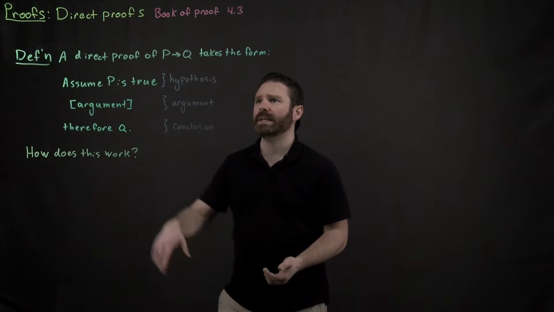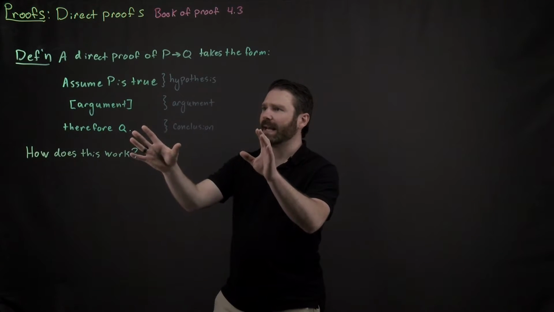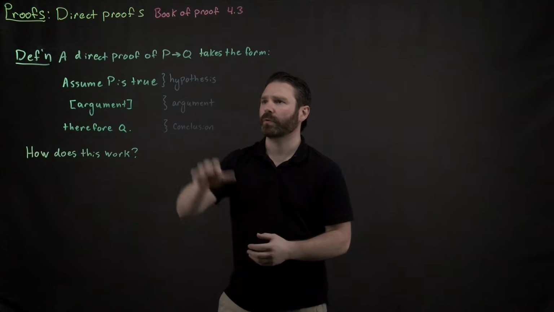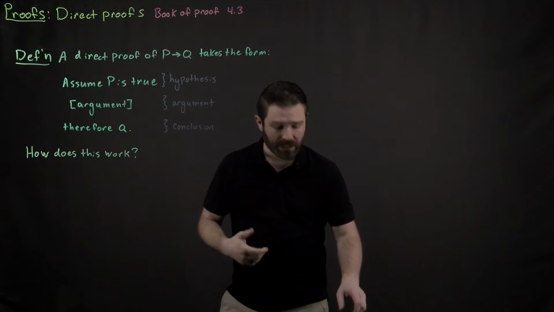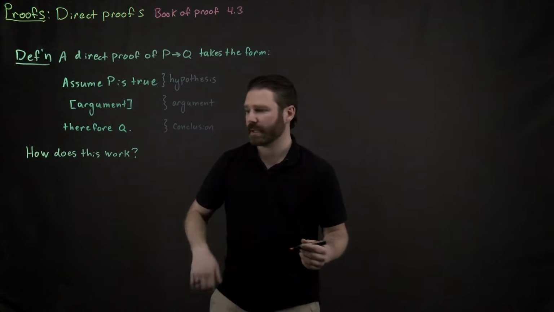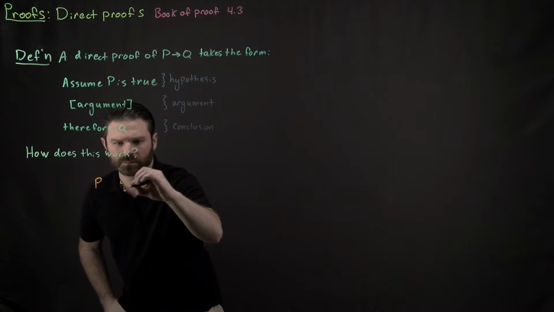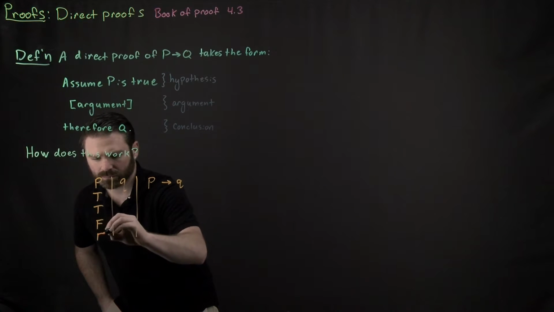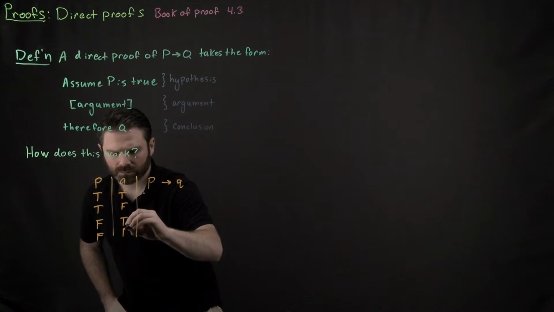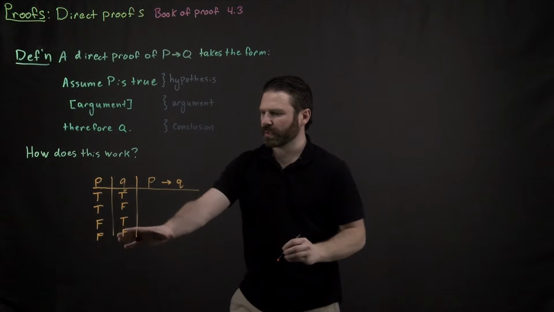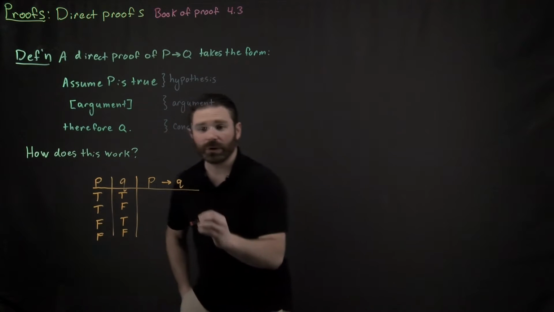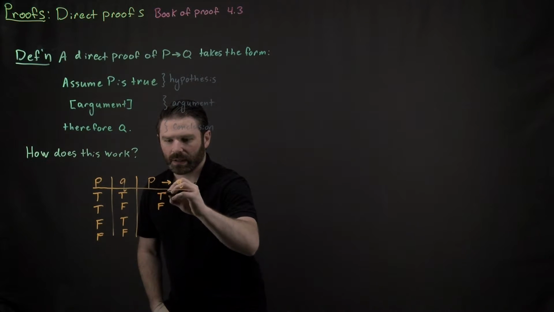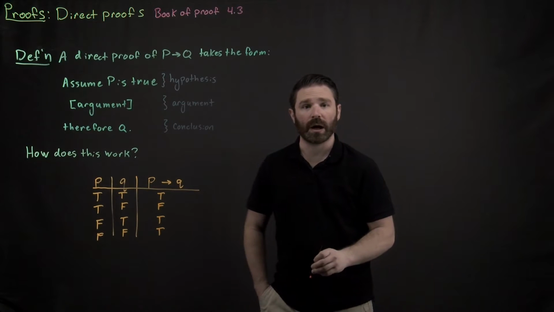So let's go ahead and revisit P implies Q to show why this is a perfectly valid kind of proof technique to show the validity of an argument or a proof of the claim P implies Q. So you might recall the truth table for P implies Q. The only time that it was false is when the hypothesis is true and the conclusion is false. And it is true otherwise.